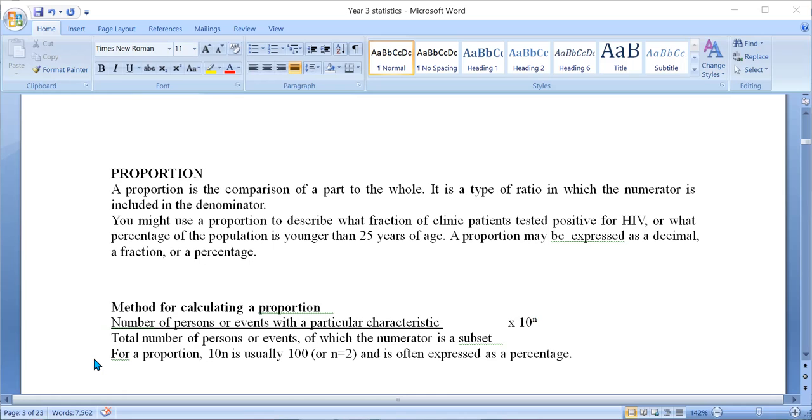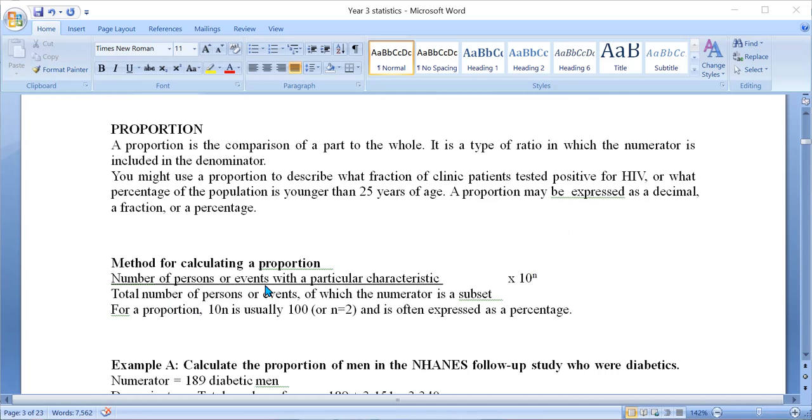Those ones are proportion, because the numerator is part of the denominator. Method of calculating proportion: number of persons or events with a particular characteristic or disease over total number of persons or events of which the numerator is a part or a subset, and multiply by what? 100. It's usually 100.